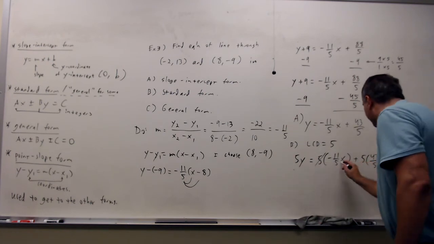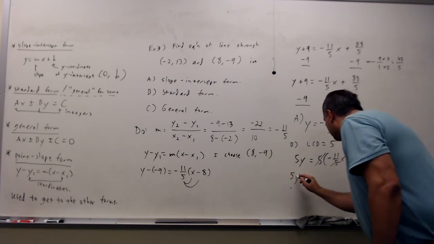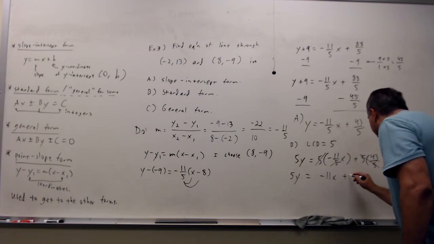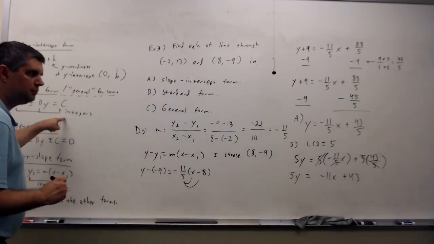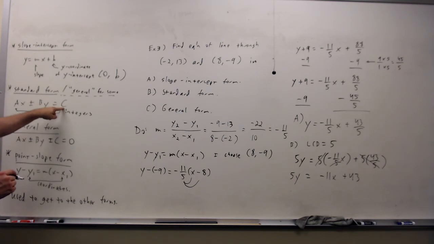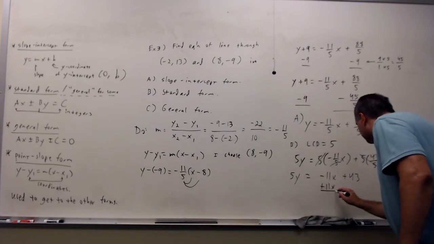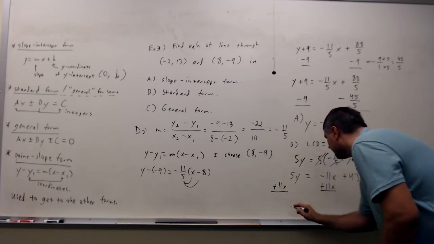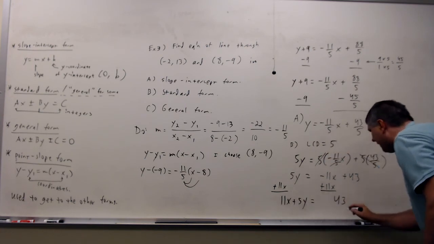So the 5's cancel here and here. So that leaves me 5y equals negative 11x plus 43. So since we're going for standard form, I need to get the non-variable integer by itself. So I'll just go ahead and add 11x to both sides. Put in the x term first, and I will simply have 11x plus 5y equals 43. So B is done.